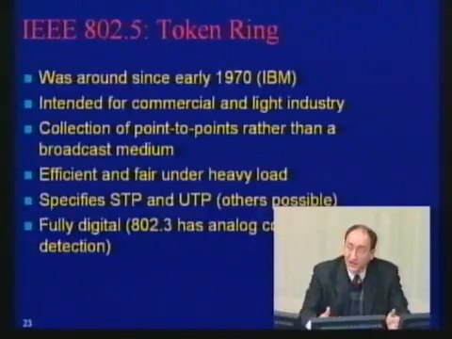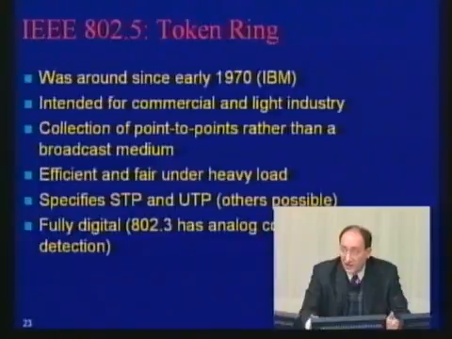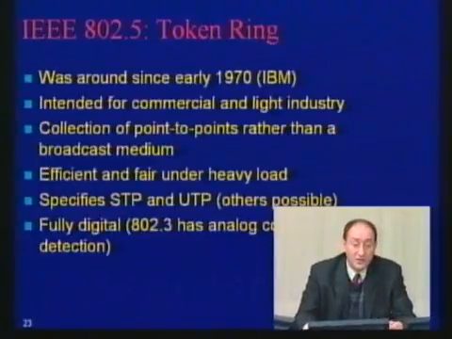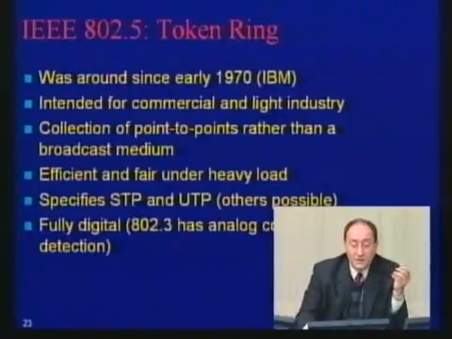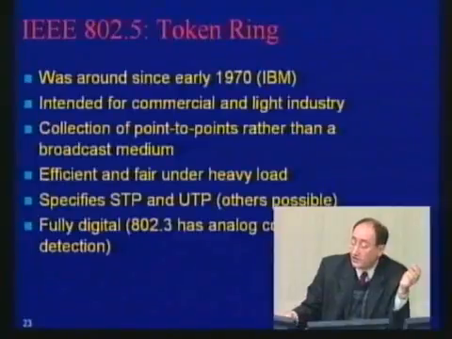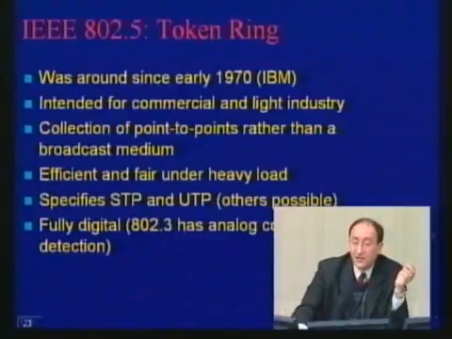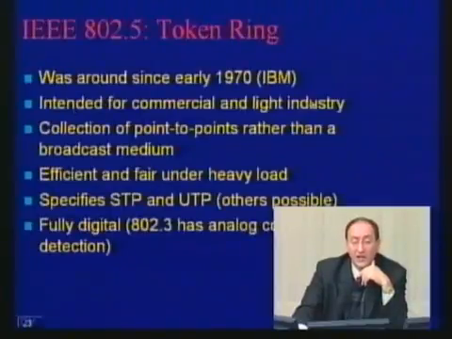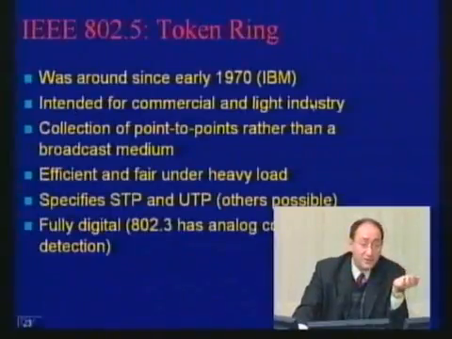Ethernet was backed by three other companies, Xerox, DEC, and Intel, and this was the IBM solution. Similar to 802.3, 802.5 was also intended for commercial and light industry, the office environment.